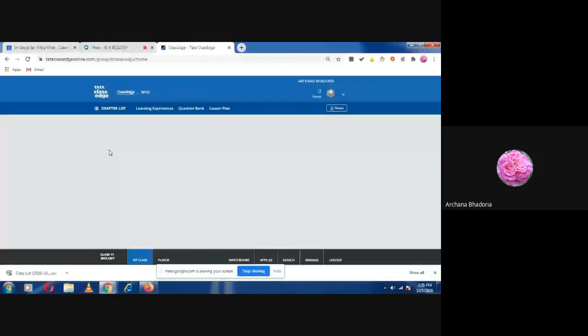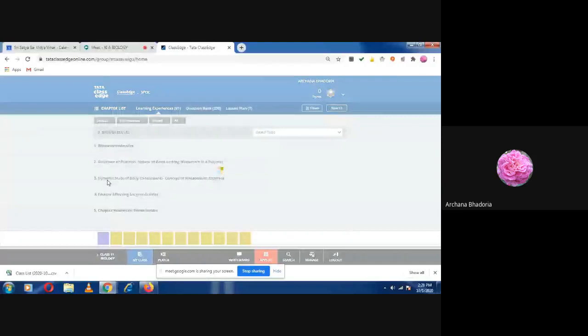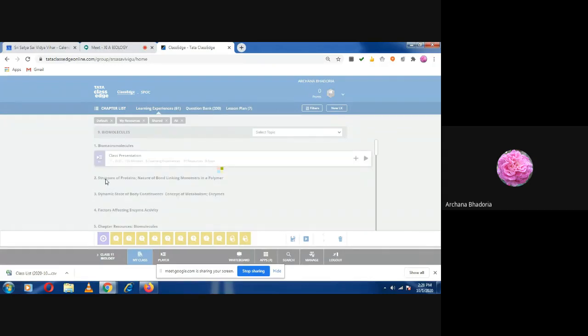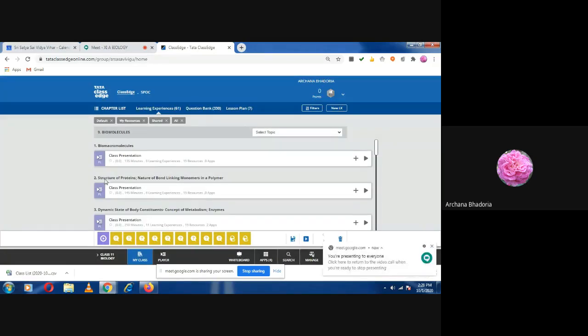So, Neha, can you tell me why the two strands are anti-parallel? Ma'am, I don't know.